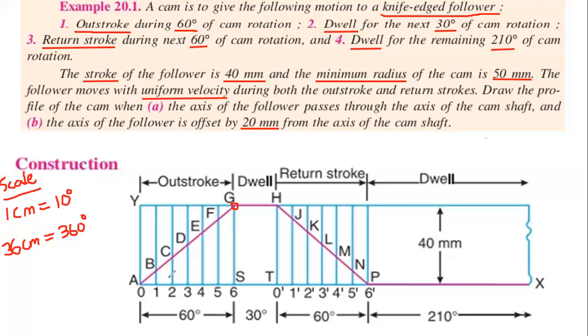So we are obtaining this curve, that is the pink line from A to G. Then we have the dwell period, in which we keep it in a straight line, that is we have to join from G to H.